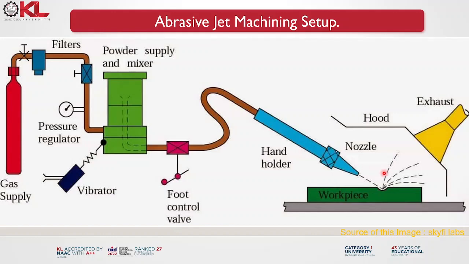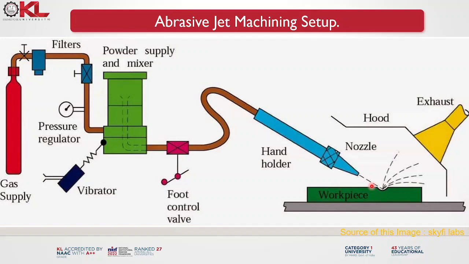Now you can clearly see that through this nozzle, the high-pressure abrasive jet is coming out and impinging on the workpiece, and due to this high-pressure impingement, that portion of the material is eroded and removed. This is the actual workpiece, and through this process, the particles are spread over to the surroundings.